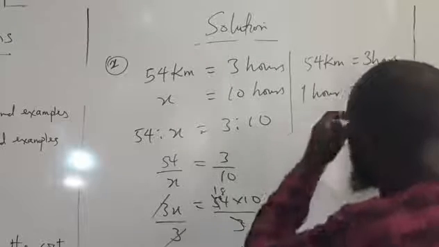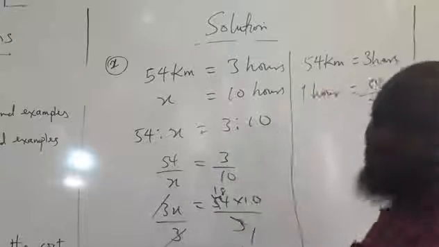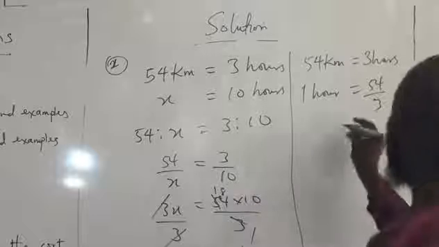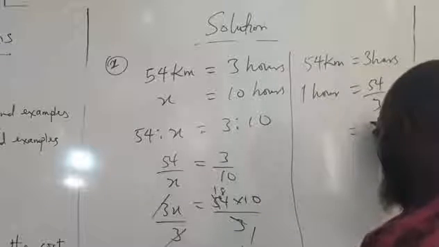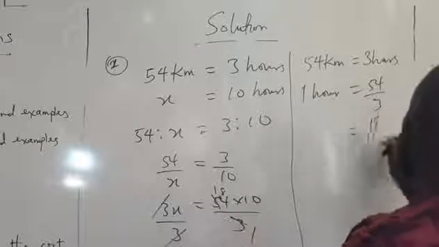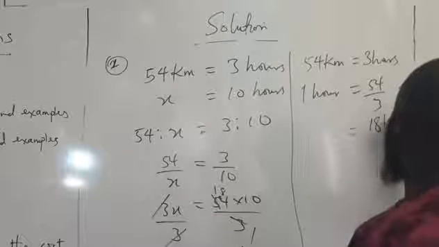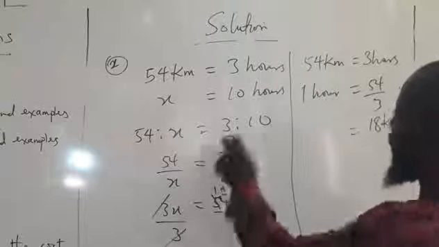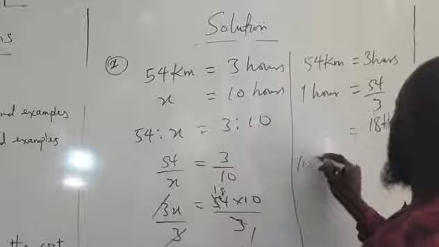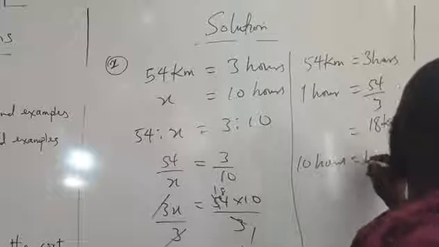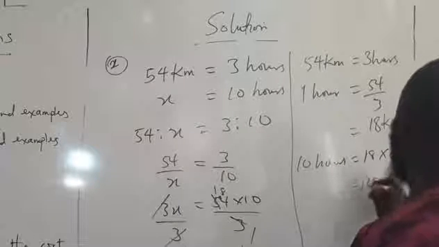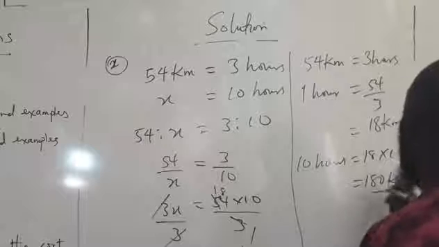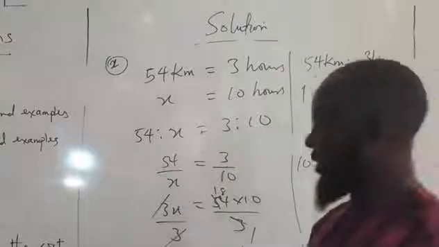That would be 54 divided by 3, which is 18 kilometers. So in 10 hours, that will be 18 times 10, which is 180 kilometers. As you can see, this is very simple.